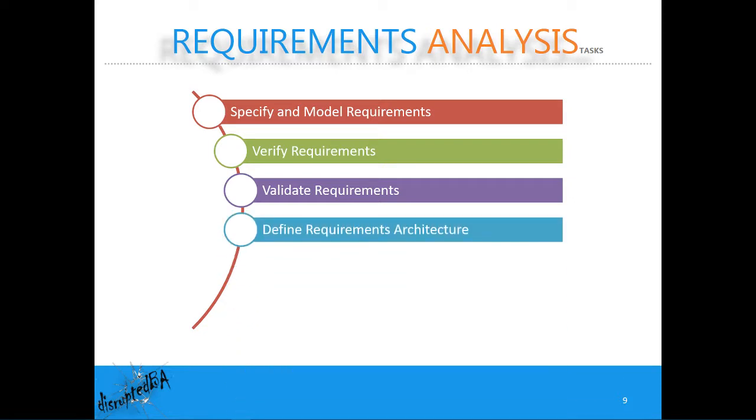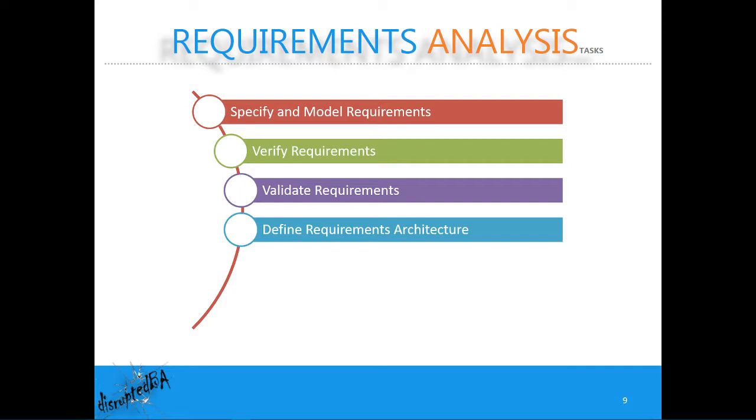And then the next step is we need to define the requirements architecture. This is where we make sure that the requirements actually support each other to achieve the objective.